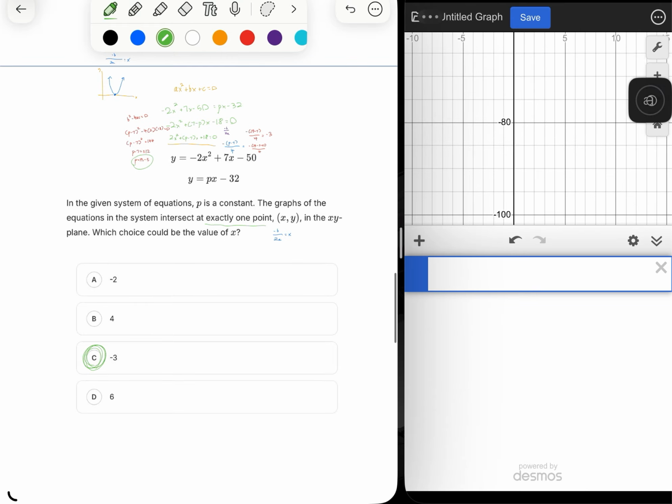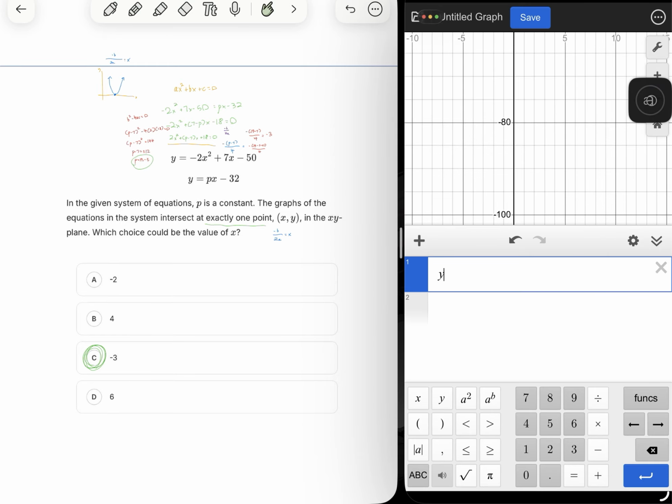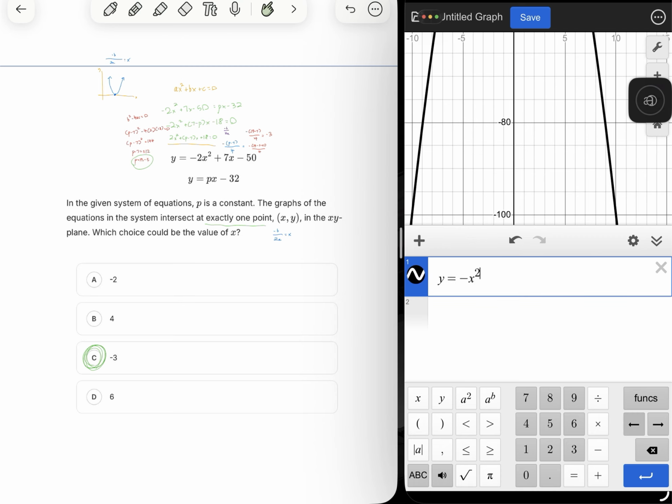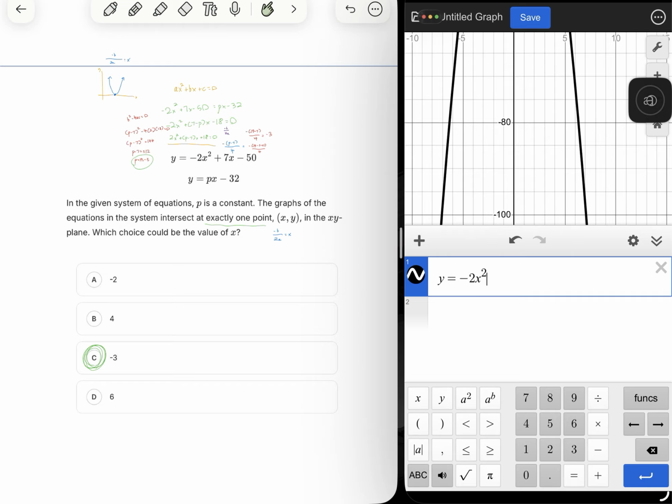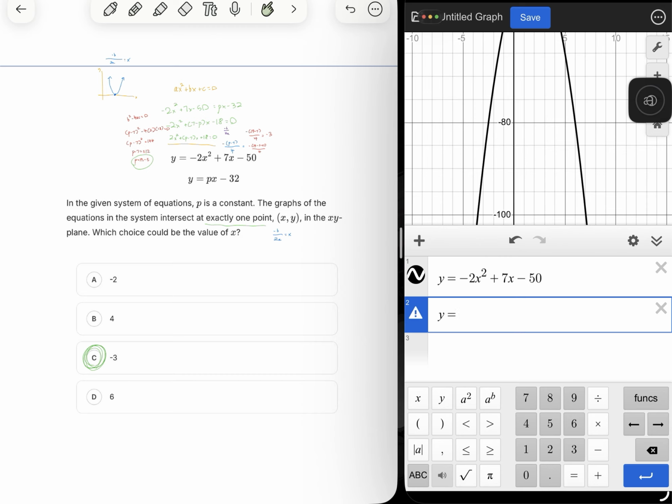But the other way to do this, you can use Desmos. So if you type in y equals negative 2x squared, and I'm just going to type in the other one.